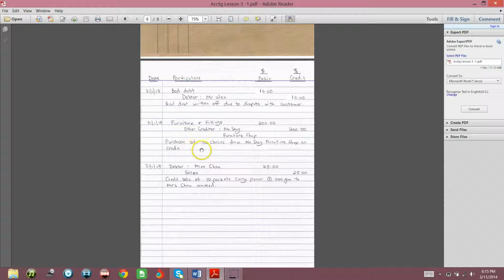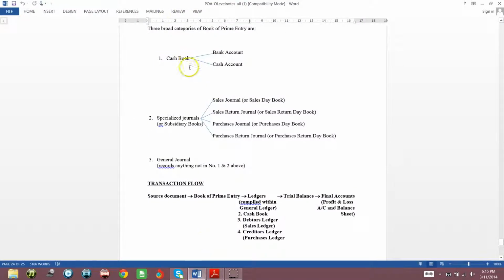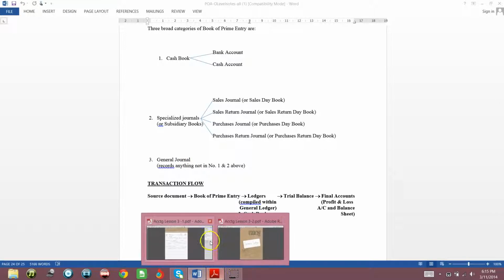Of course, any day if you need to record in the general journal, you can. But practically, accounts people will record the general journal mainly at the end of the month. Bad debt written off is not in category 1, not in category 2, so it will be in category 3.